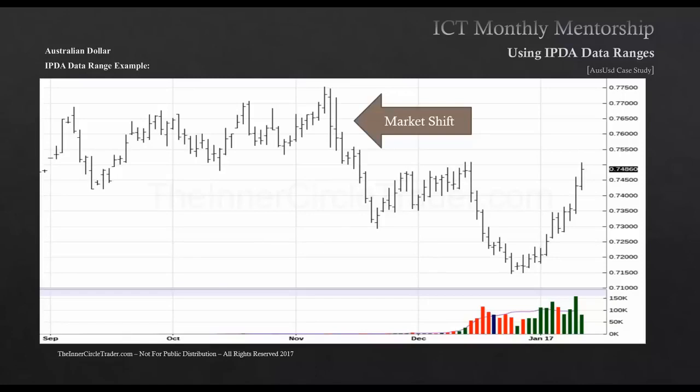It's predetermined. It's running on a script that refers to specific data points that it will go back to over and over and over again. The IPDA data range: you have a 20-day look back and cast forward range. You have a 40-day look back and cast forward range.